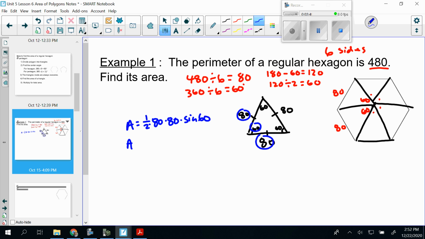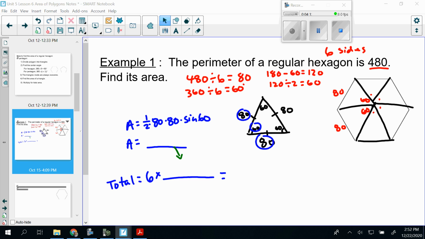If you put that in your calculator, you can get the area of one of those. And then whatever that comes out to be, since we have a hexagon with 6 of them, the total area would be 6 times whatever this above amount comes out to be, and we can get the area of the whole thing.